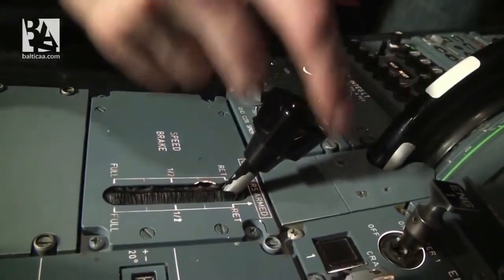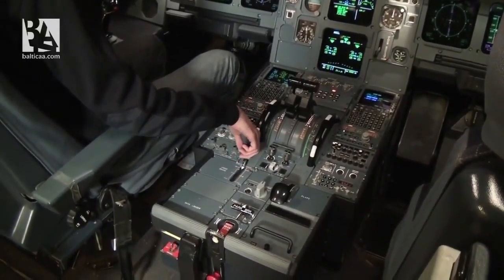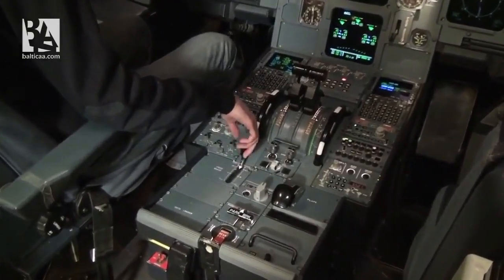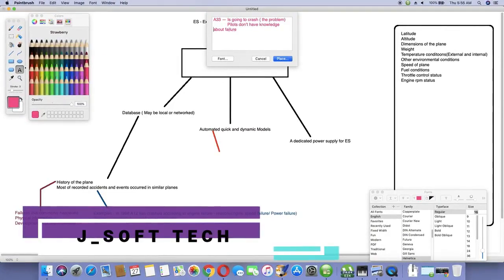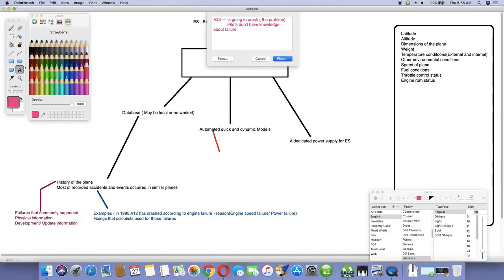This shouldn't happen, and the pilots have to choose the automated system to make a decision, because the pilots don't have the relevant knowledge. They would panic if they don't know how that failure occurs, and in that condition if they don't use the AI system, the A33 is going to crash.